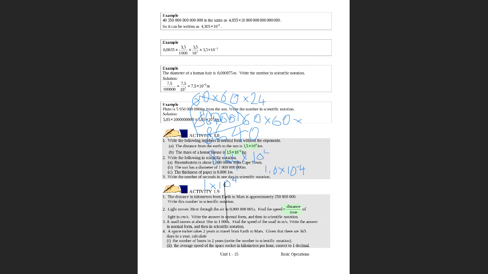And you write the number in scientific notation. So please, any questions on activity 1,8? Any questions on activity 1,8? No, sir. Okay, good. So now let's go to activity 1,9.